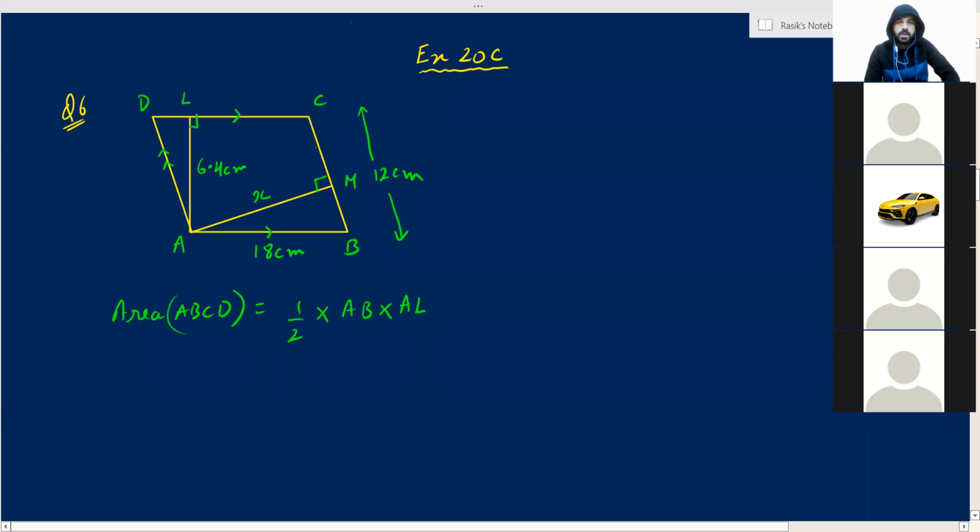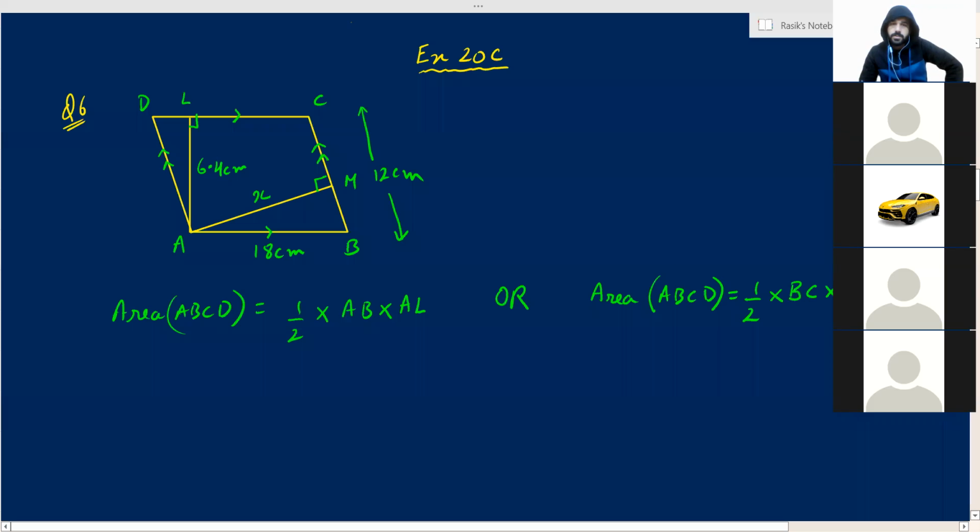Correct. And we can also say that area ABCD is also equal to base BC into height. If I take BC as the base, can you tell me which side will be the height?